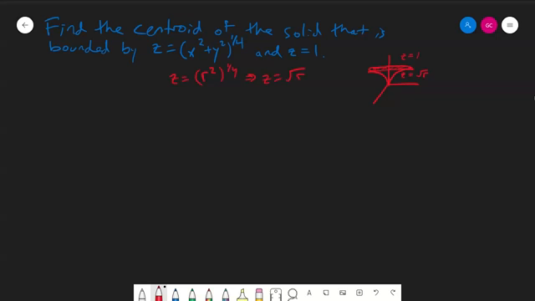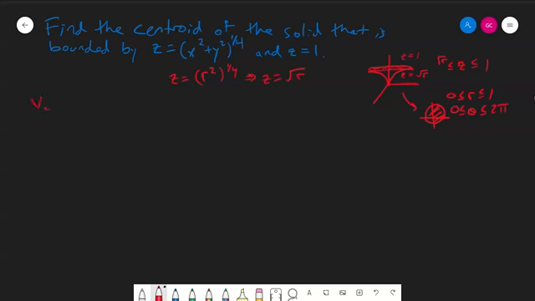So the range of z values is from the square root of r to 1. The shadow is the intersection of z equals 1 with z equals the square root of r, which is just the disk r equals 1. So r goes from 0 to 1, theta goes from 0 to 2 pi.